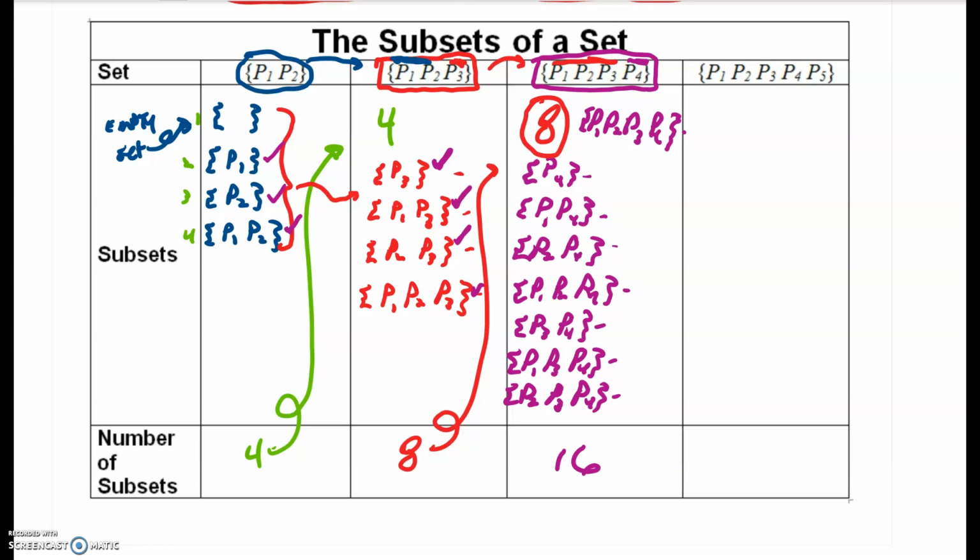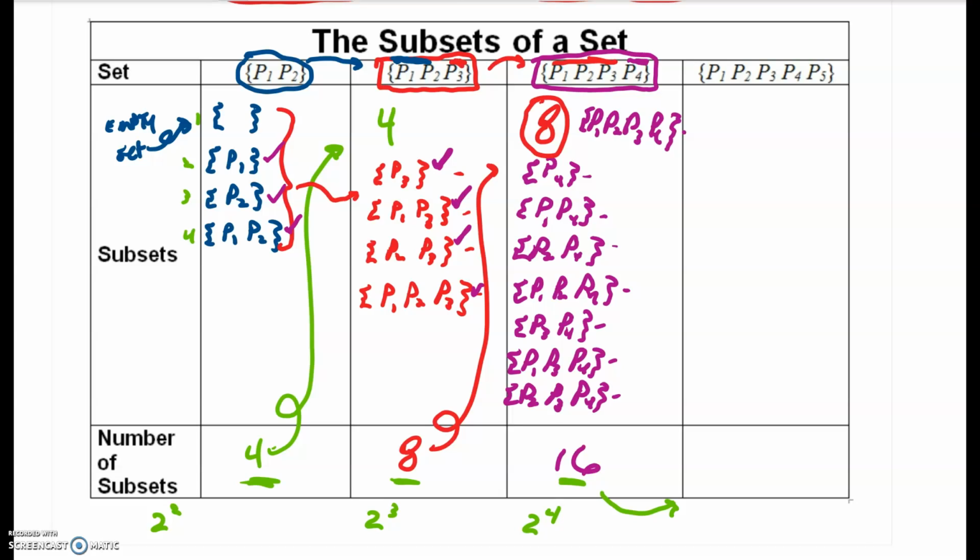Now I want you to look at these numbers down on the bottom. We have 4, we have 8, we have 16. What do you think is going to happen here? Well, notice 4 is just 2 squared. This next one, 8, is 2 cubed. 16 is 2 to the 4th.